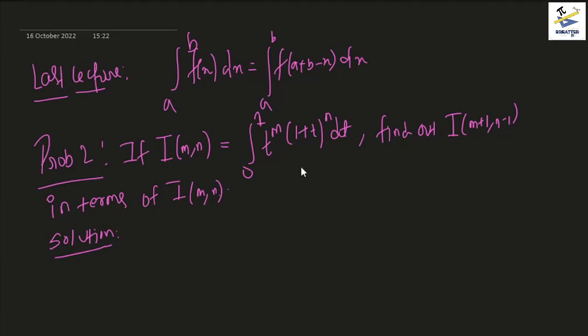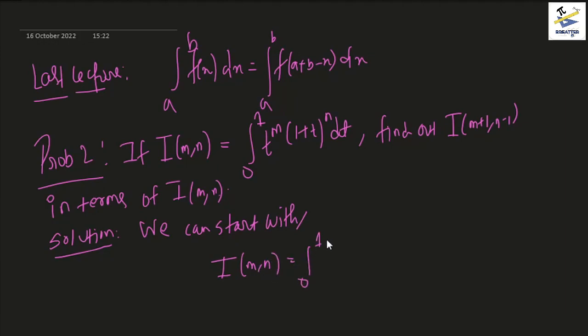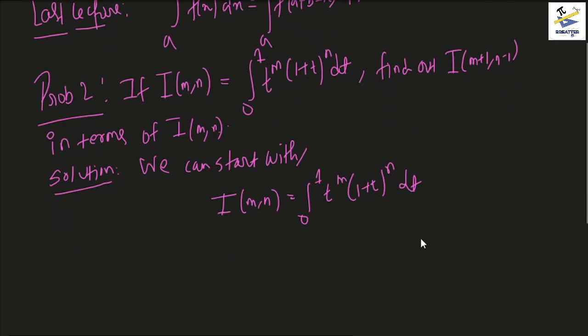find the value of I(m plus 1, n minus 1) in terms of I(m, n), right? So we can start with I(m, n) equals the integral from 0 to 1 of t to the power m times (1 plus t) to the power n dt, right?